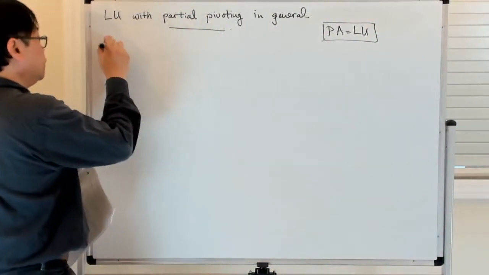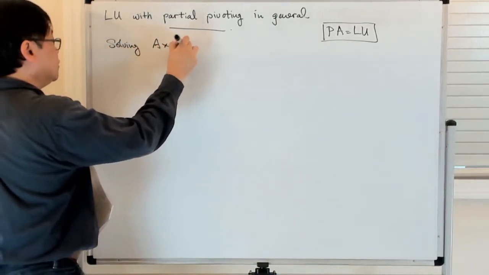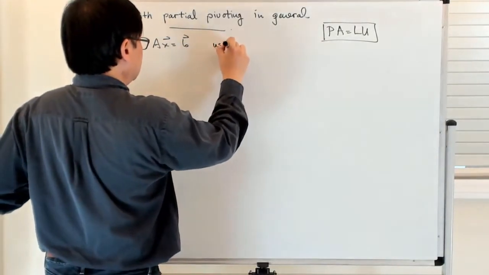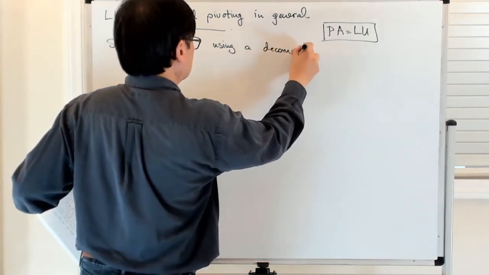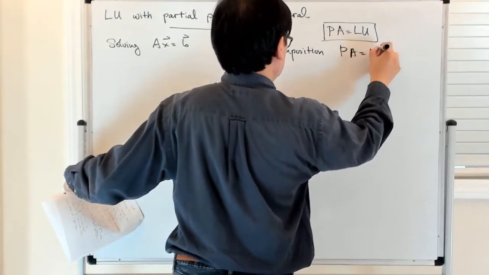Solving AX is equal to B using the decomposition PA is equal to LU.